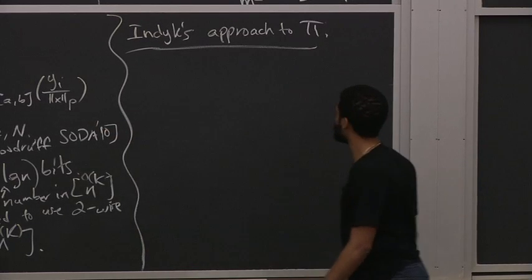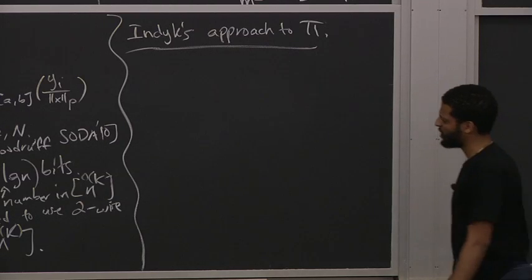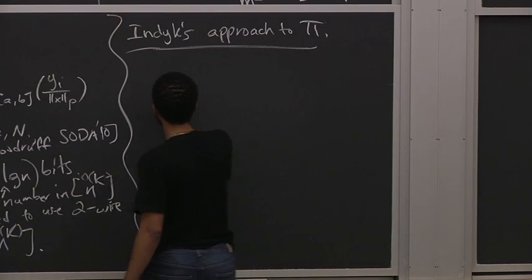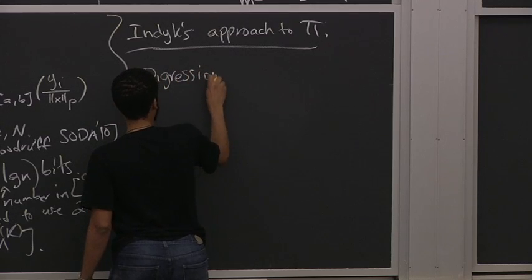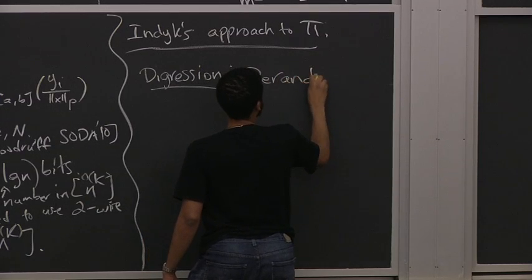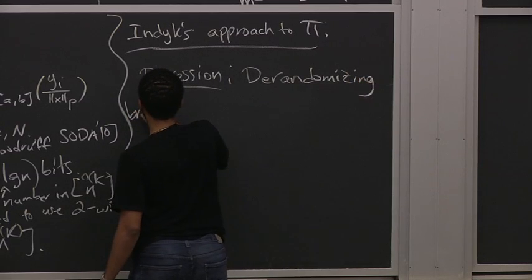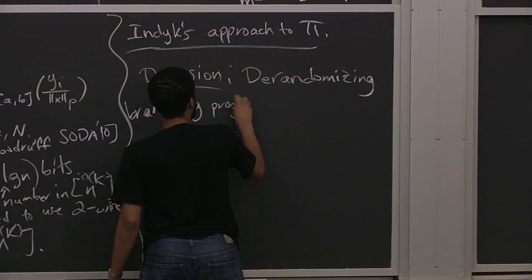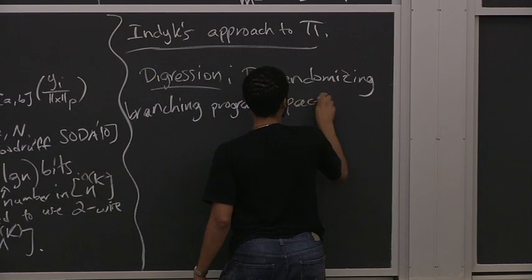So how did Indyk generate this matrix pi? A digression: de-randomizing branching programs, or space-bounded computation.